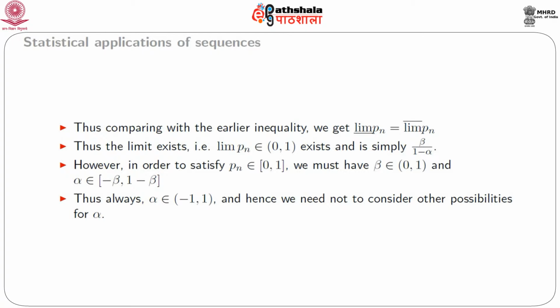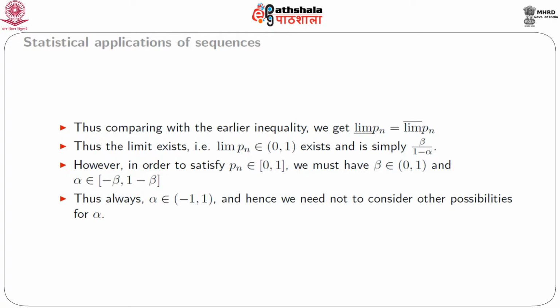Thus, from the properties of limits, the limit exists. That is, limit of Pn belongs to [0, 1] and is finite and is simply beta by 1 minus alpha. This limiting value can be obtained from the recursion relation using the fact that the limit exists.